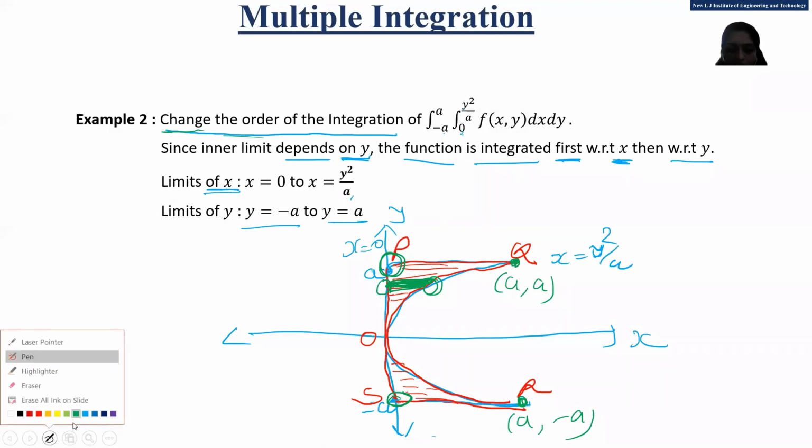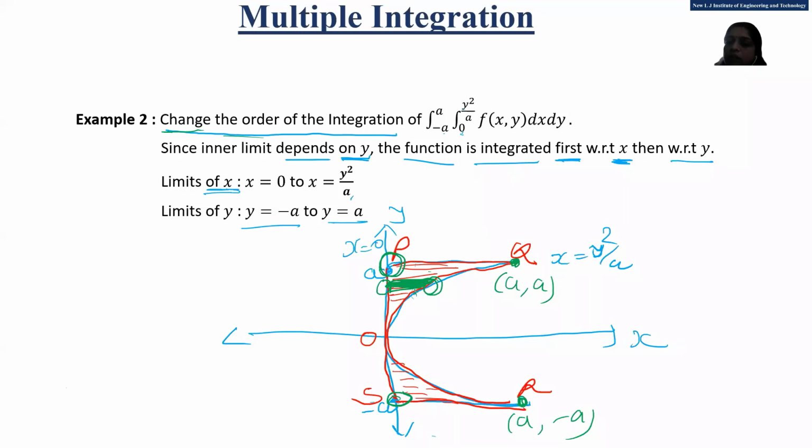If I convert this horizontal strip into the vertical form, then this line will be parallel to the y-axis, and its bottom part is on this curve and upper part on this line. And for this region, my bottom part is on this line and upper part on this curve.